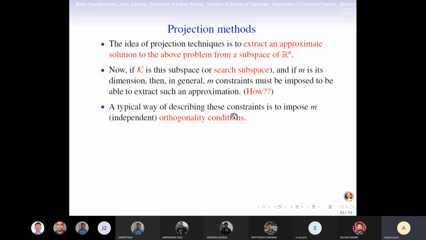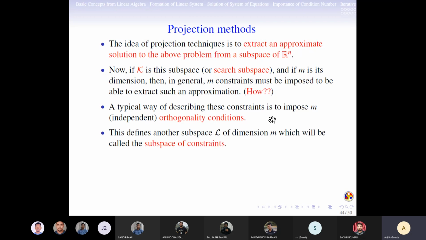A typical way of describing these constraints is to impose m independent orthogonality conditions. So you have a search subspace of dimension m, and you need m constraints. Now this defines another subspace L of dimension m, which is called the subspace of constraints, and these m linearly independent orthogonality conditions are contained in this subspace script L.